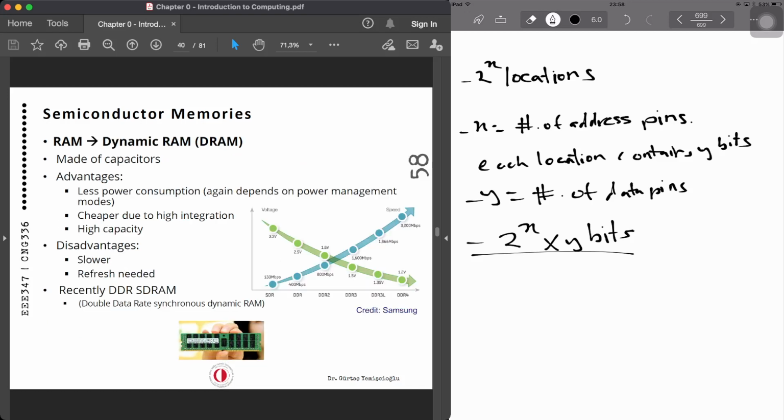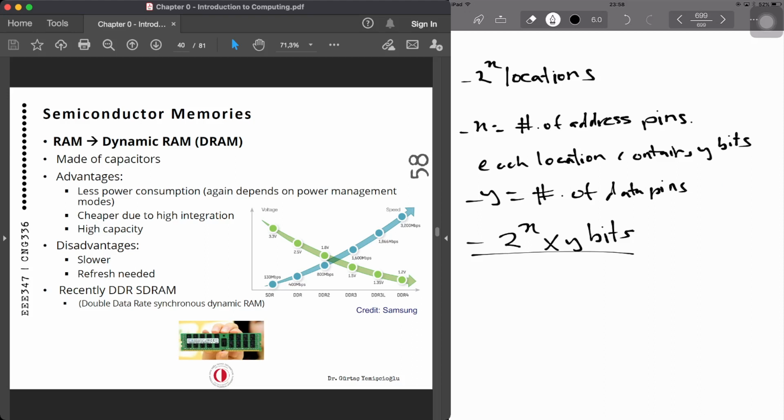Now, dynamic RAMs, which we generally use in our computers. Because SRAMs are fast, they are generally used quite close to the CPUs, but DRAMs, dynamic RAMs, we use outside of the microcontrollers or microprocessors as well. They were first introduced in the 1970s by the Intel Corporation.